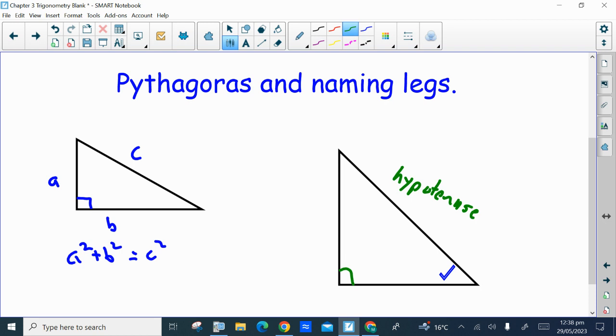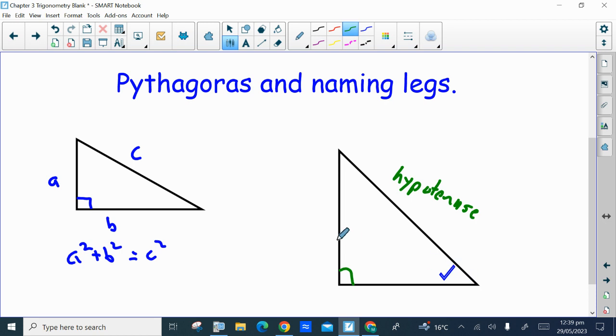But we're also going to have two other sides. We're going to actually label the other two sides of the triangle. And they will be labeled according to which angle you're going to be working with. In this triangle here, you can see the check mark in that bottom right-hand spot. That means that's the angle we'd be working with for a problem.